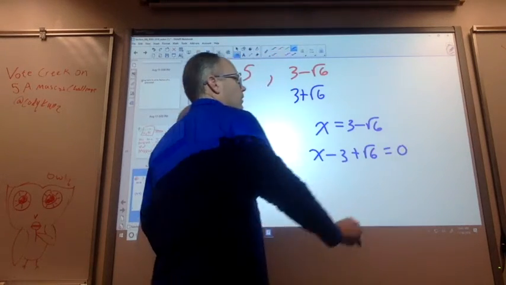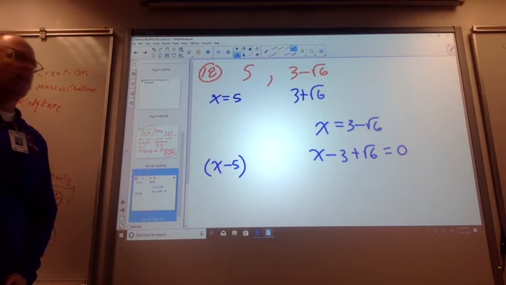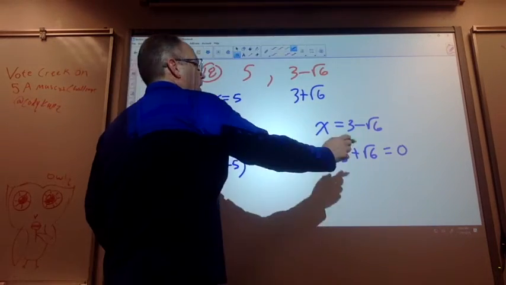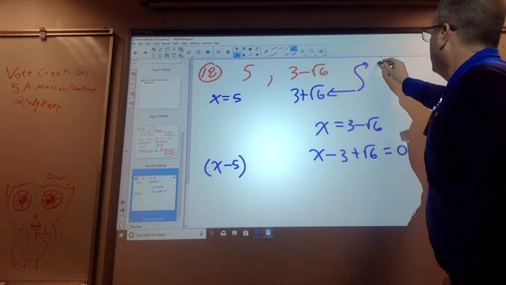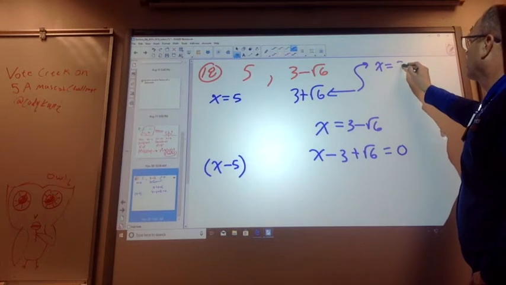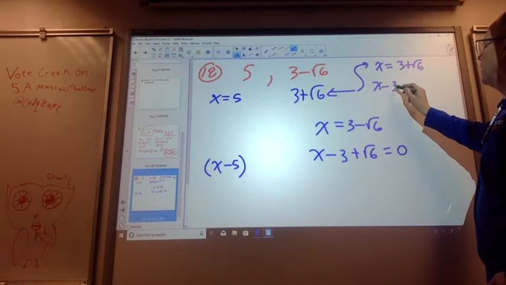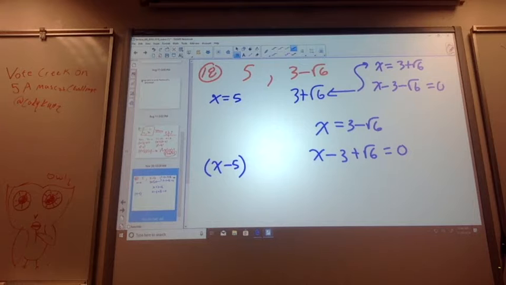Is that okay? So that's, I'm going to have to do some nifty stuff with that in a moment. And then I also had this one. I'll bring it up here. So I have x equals 3 plus root 6, which is x minus 3 minus root 6 equals 0. Agree?